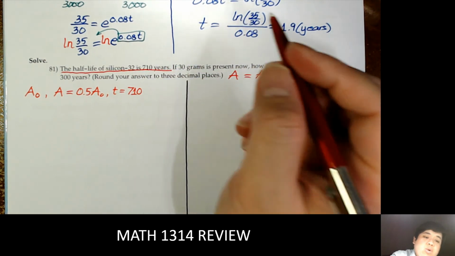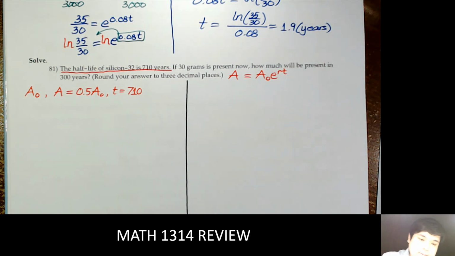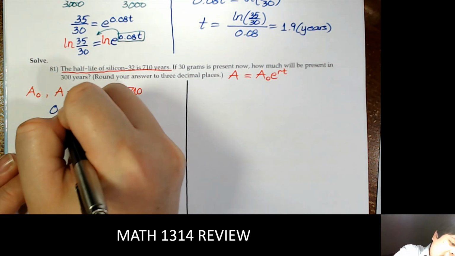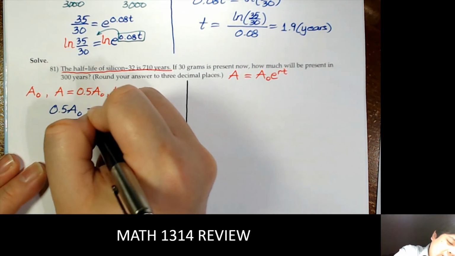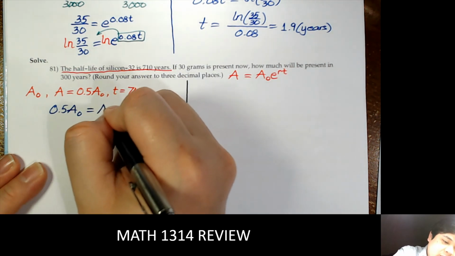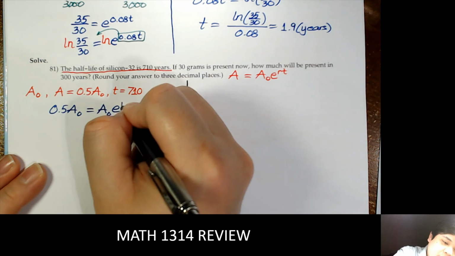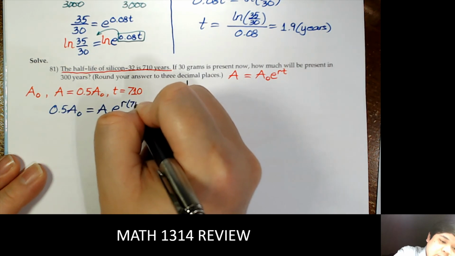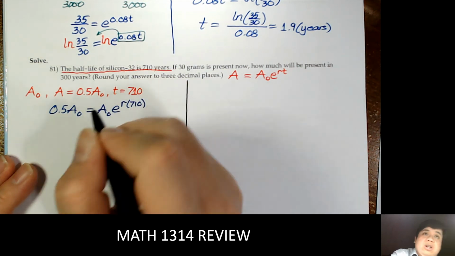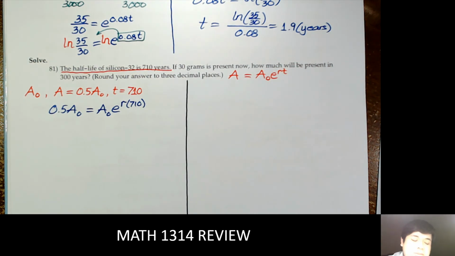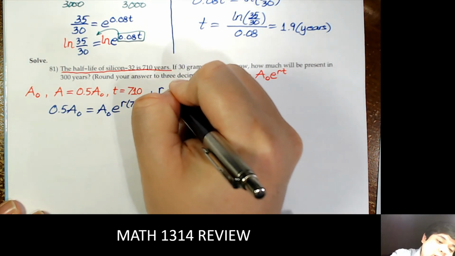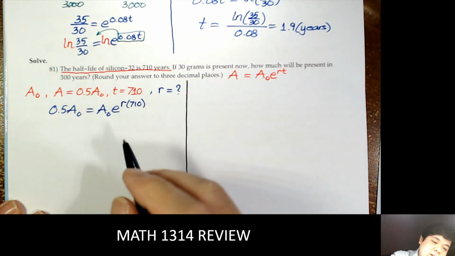And so let's put all of that in the formula. 0.5 A naught equal to A naught e to the, we don't know R, but the time is 710 years. Right, so obviously from here we have everything else except for the rate. So we're looking for the rate.